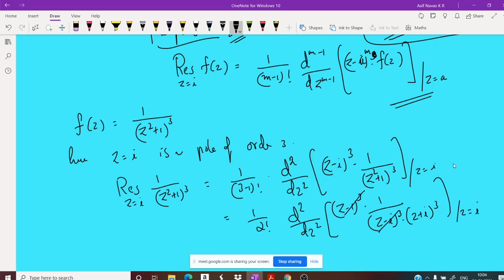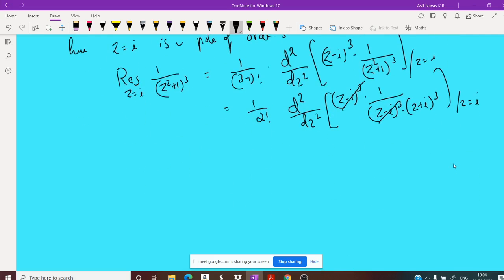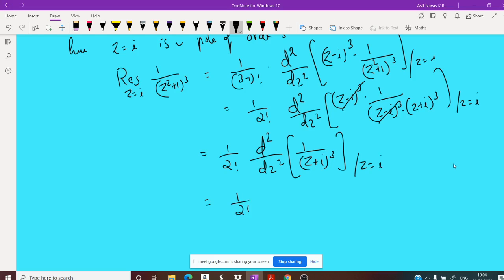Now this and this get cancelled. So now you find out this is equal to 1 by 2 factorial into the second derivative of 1 by (z plus i) all cube. Now you find out the derivative at that. 1 by 2 factorial into d by dz of, what is the derivative of this? Minus 3 divided by (z plus i) all raised to 4.